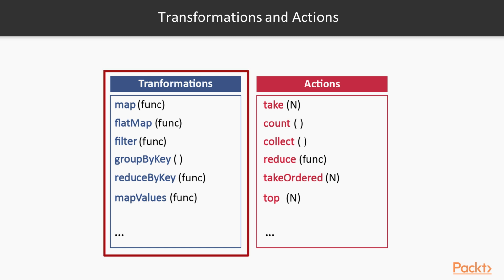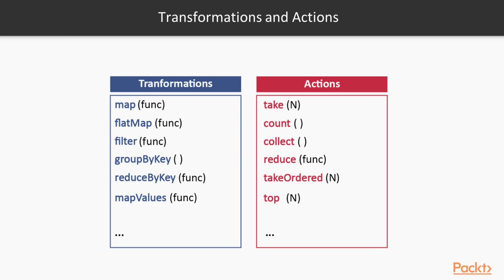But if we are doing transformations on an RDD, there is no computing executed, because all transformations are lazy. Only when we execute some kind of action, like for example take, count, or collect, will those transformations be executed and we will get the result to our driver. If you want to take, for example, the first element of a computation, we need to trigger computation of those elements. There is no other way.